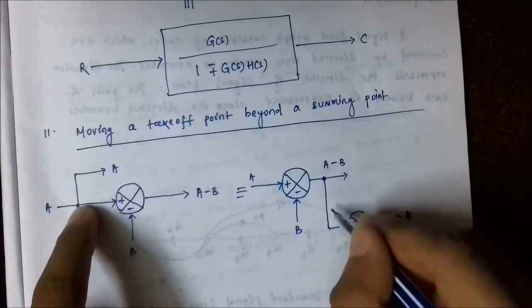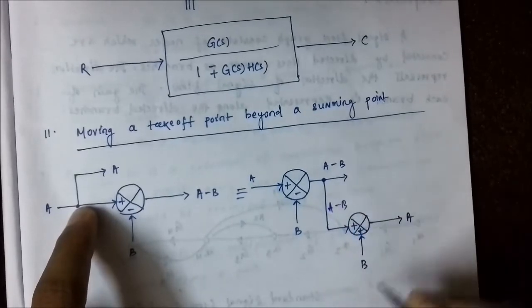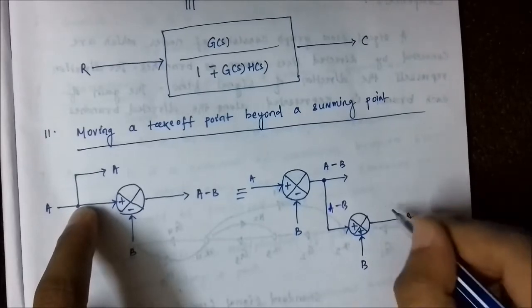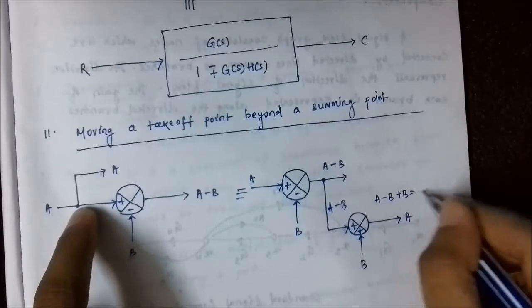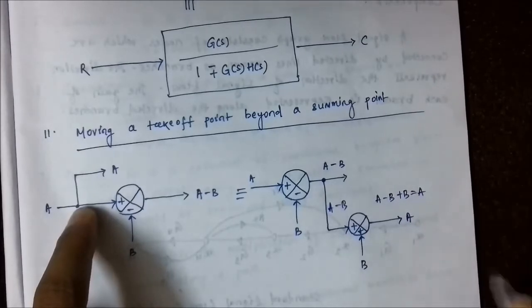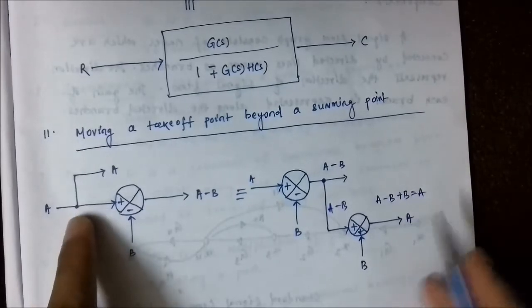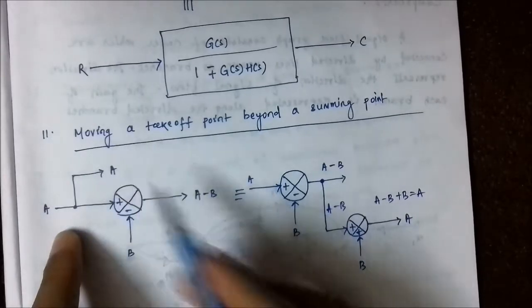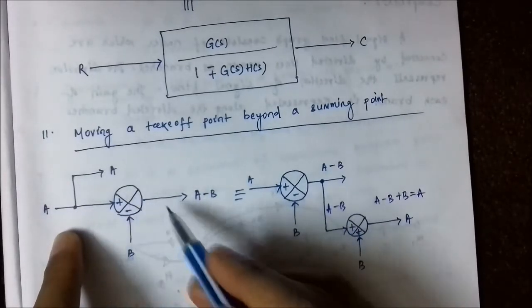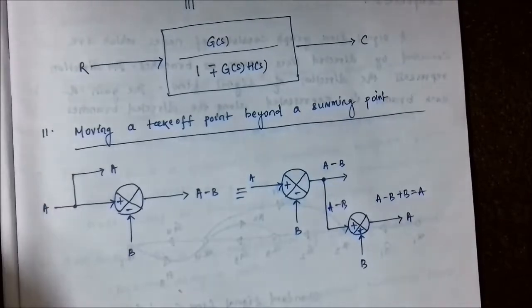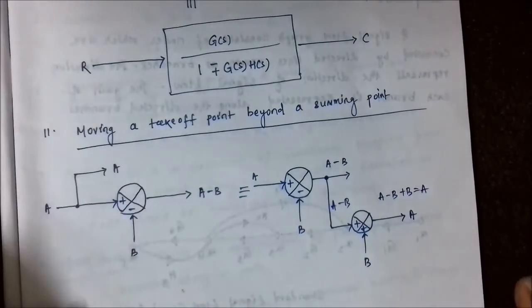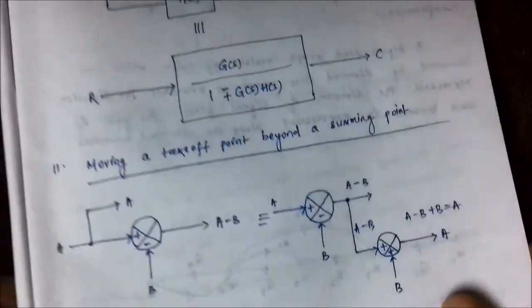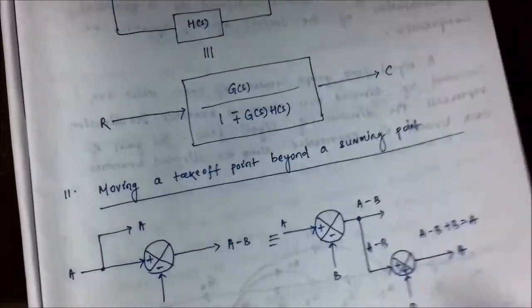Here we get A minus B, and with the positive signal B we get A minus B plus B, which is equal to A. So we have got the same signal value A as at the takeoff point. We have shifted the takeoff point here without altering its signal value. That's how you shift a takeoff point with a summing point.